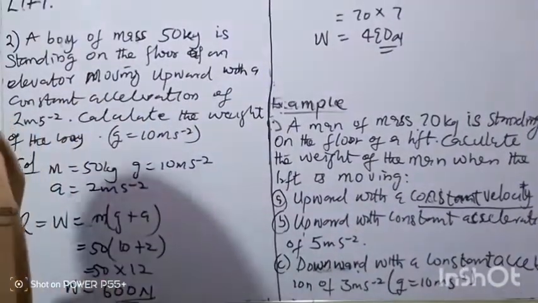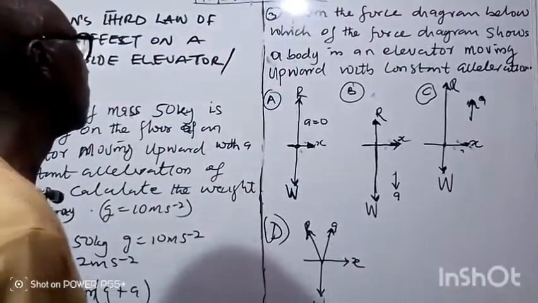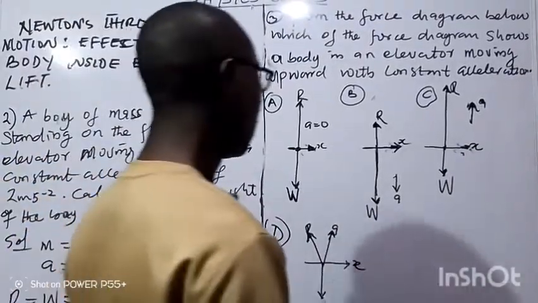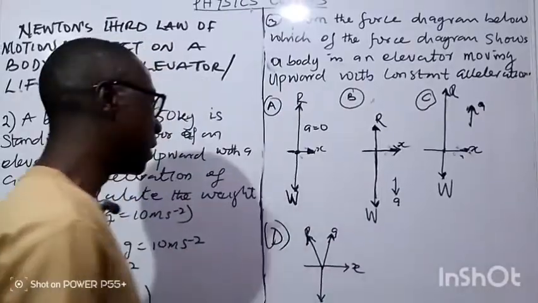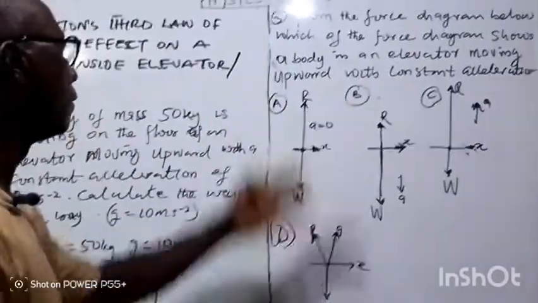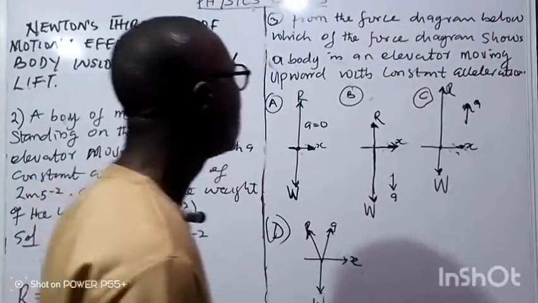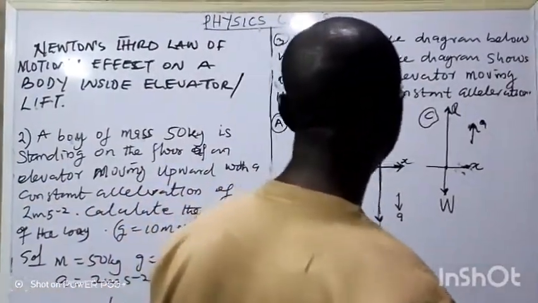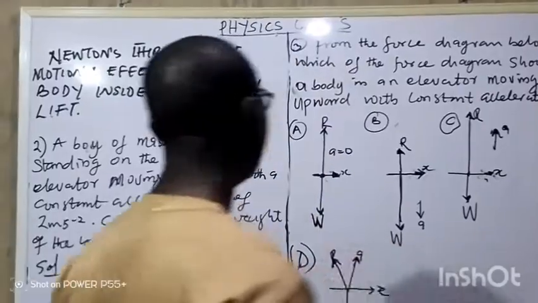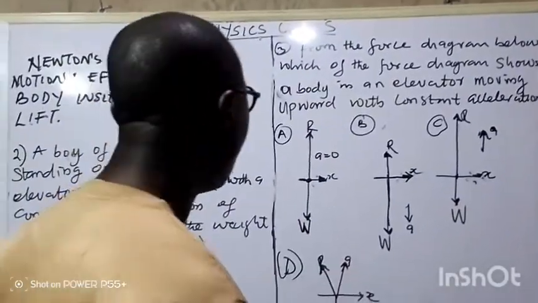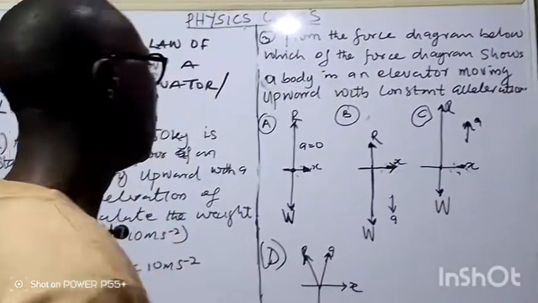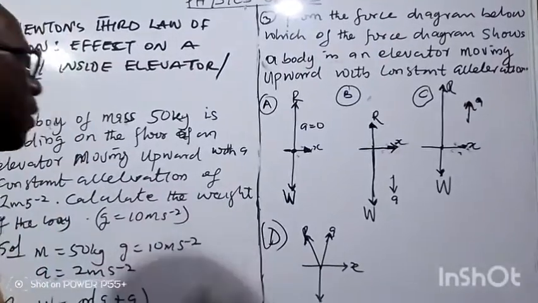Now, from question 3 on the board, this is the summary of what we've done today. From the first diagram below, we saw the first diagram shows a body in an elevator moving upward with constant acceleration. Now we are going to do this one together.